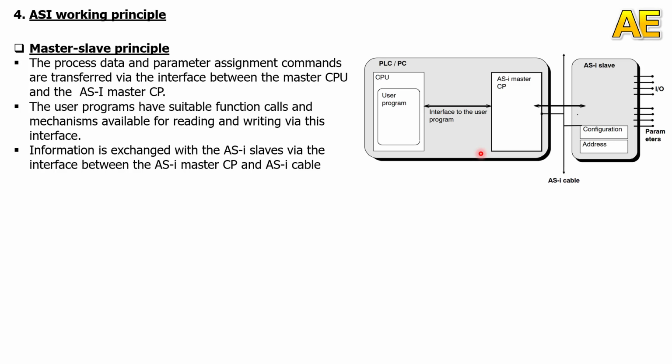And the user program has suitable functions, calls, and mechanisms available for reading and writing via this interface. The information is exchanged with the AS-i slaves via the interface between the AS-i master CP and the AS-i cable, here.